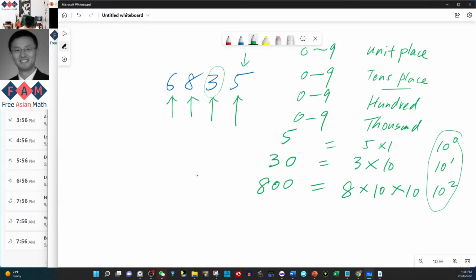And finally, the last one, the highest place value represents 6,000. So this 6 times 10 times 10 times 10. So you can see that each time you have a higher digit, the place value it holds is 10 times higher than the previous digit in the lower place value.